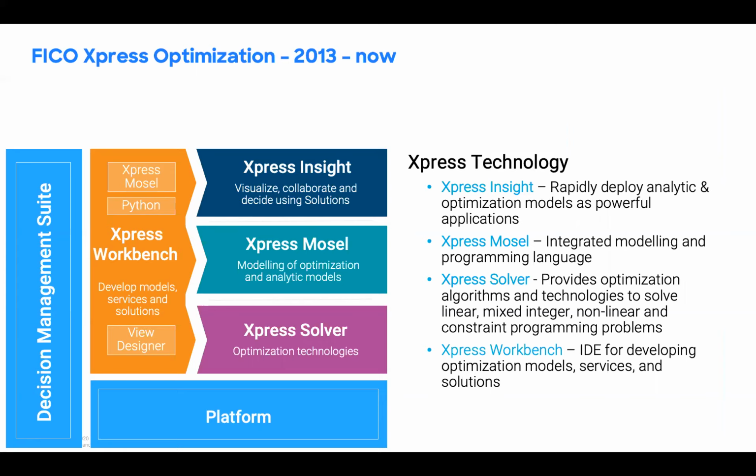So remember, AI solutions are comprised of multiple components like analytic technology, machine learning, as well as rules technology. And on the FICO platform, all those capabilities are provided and consistently integrated to create those more complex and complete AI solutions.